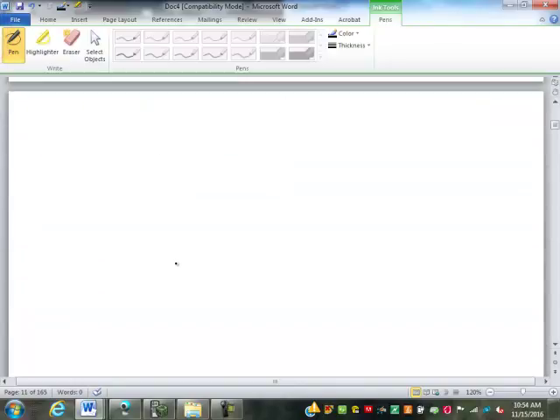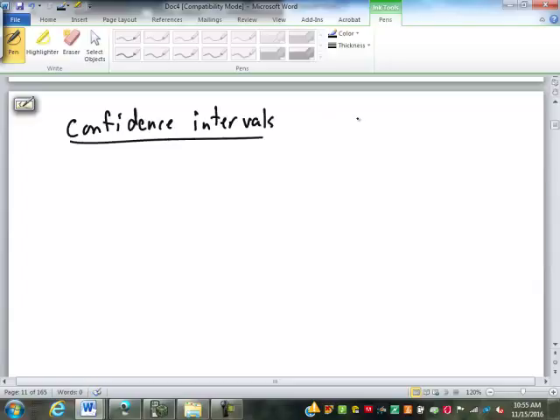Okay, so then dealing with our confidence intervals. Some vocabulary we need to know. We need to know point estimate, as we mentioned. And we need to know margin of error. And how would we get that from the interval?